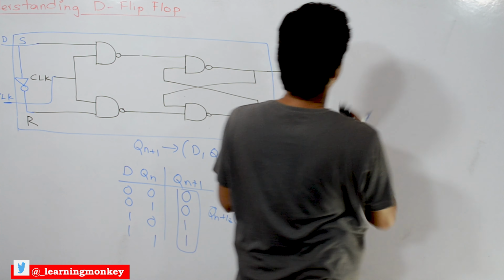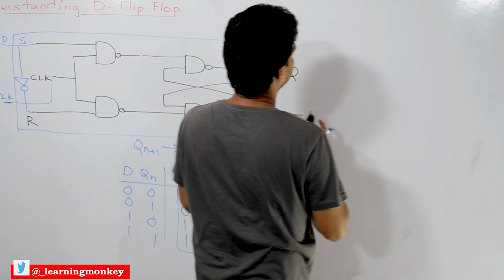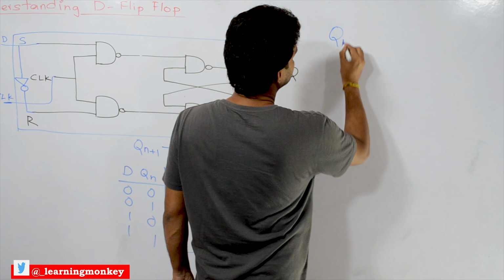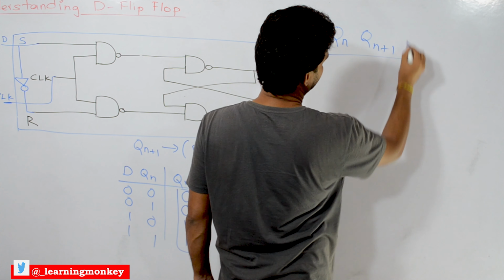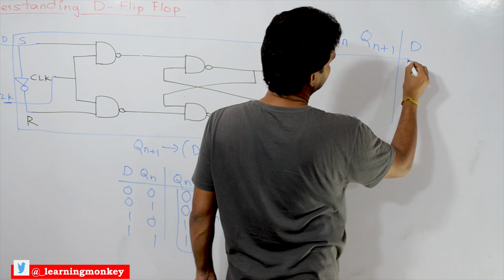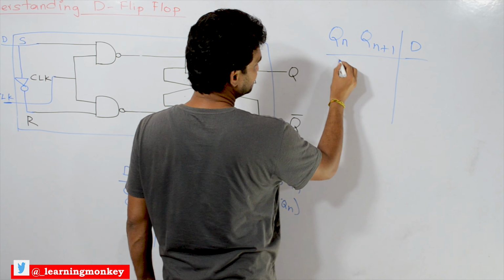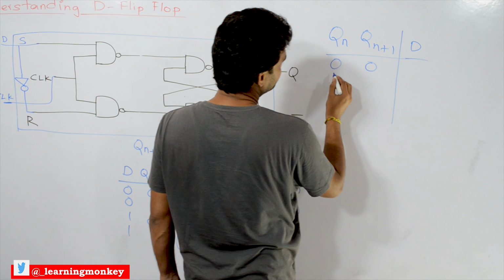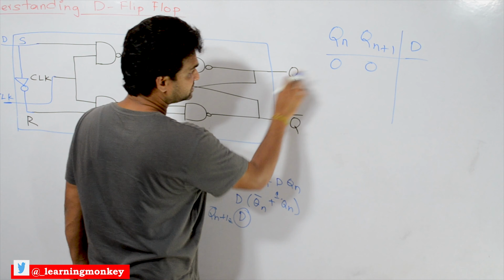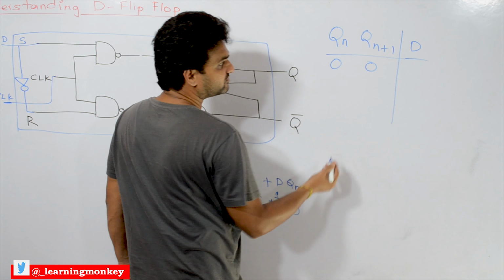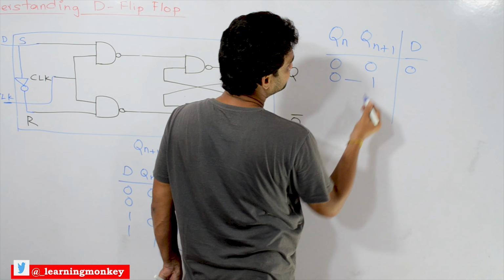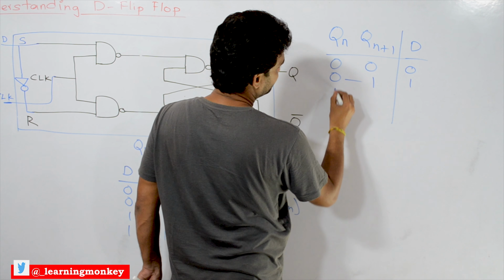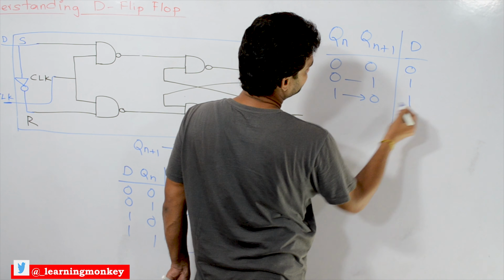The discussion about excitation table has been made in our previous videos. So what are the inputs required? It depends upon D. It's very simple. If you want to excite the output from 0 to 0, ultimately you have to give 0. For 0 to 1, we have to give 1. For 1 to 0, we have to give 1.